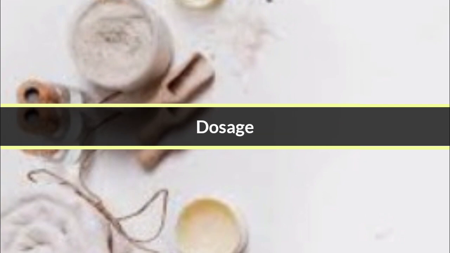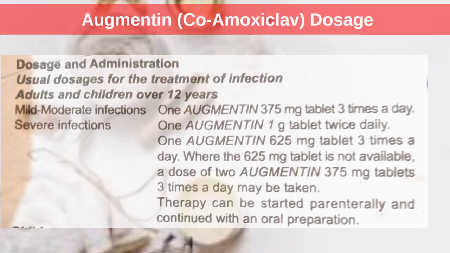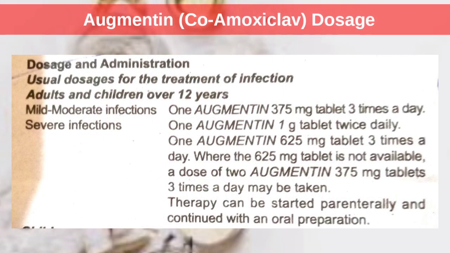Dosage and administration. Usual dosage for the treatment of infections, adults and children over 12 years. For mild and moderate infections, 1 Augmentin 375 mg tablet 3 times a day, while for severe infections, 1 Augmentin 1 gram tablet twice daily, or 1 Augmentin 625 mg tablet 3 times a day.